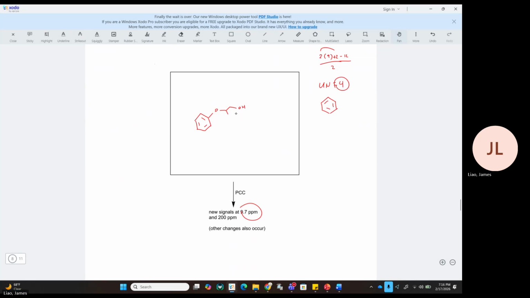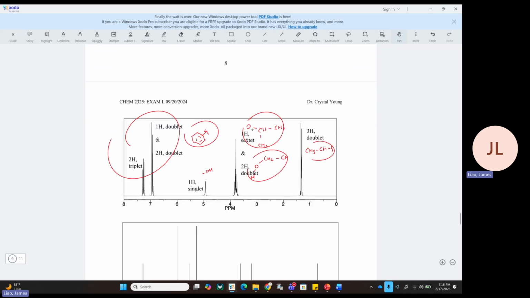To the ring itself. So let's look back to this. Remember we said it's a primary alcohol because of that PCC evidence. So that means it has to be next to the CH2 and CH. If it were over here instead, it would be a secondary alcohol, which would contradict the PCC evidence. And the reason this is not connected to the ring is because that would form a cation charge. We want the molecule to be as neutral as possible.